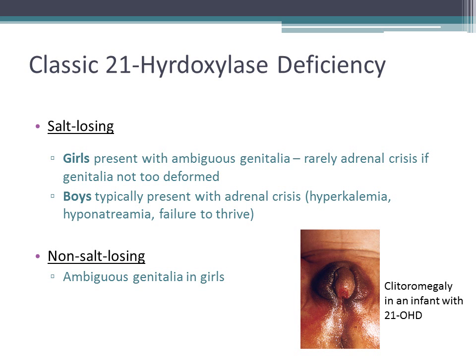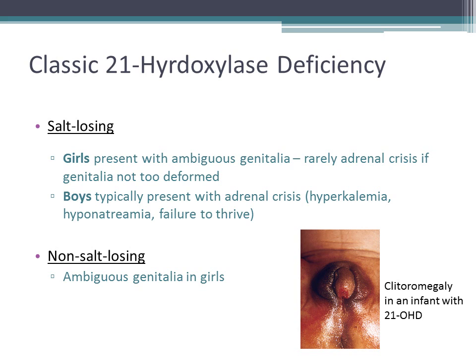It's classified into two types, the classical and the non-classical 21-hydroxylase deficiency. The classical usually presents at a very young age, especially if it was salt losing. Salt losing meaning you don't have aldosterone production either. So in girls, they present with ambiguous genitalia, rarely adrenal crisis if genitalia are not too deformed.